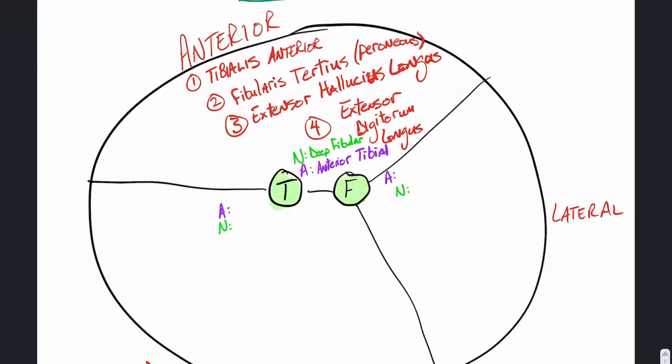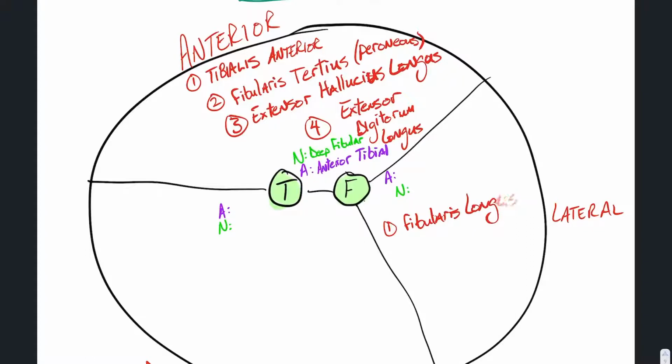Let's move on to the lateral section. So inside the lateral section, we would have what? And there's 2. So I'm going to make those red. 1, we'd have the fibularis longus.